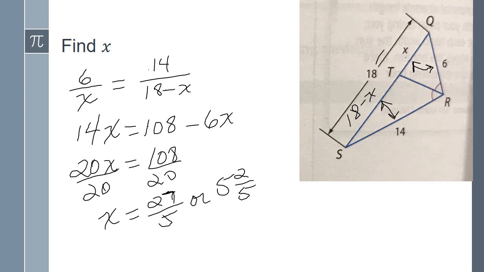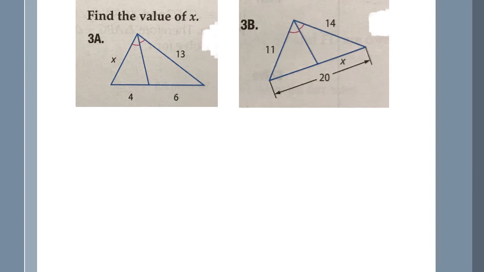Okay. Let's do the same thing over here now. All right, I can match this up between these two here and these two here. So those are my matchups. Now I just set up my proportions.